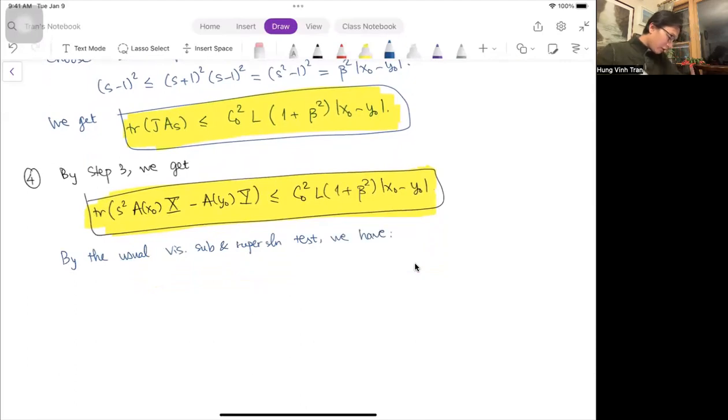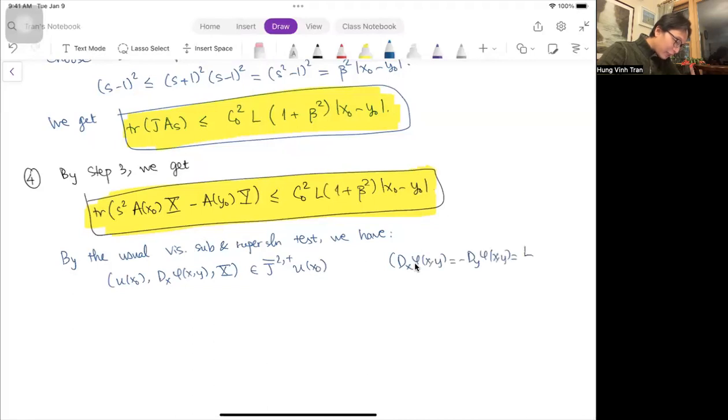Okay, maybe I can recall it for you because it has been a long time ago, previously when I wrote it down, right? The first thing I wrote down was u x naught, Dx phi of x y, x is in the super jet of u at x naught, right? And we can even write down what is Dx of phi of x y, right? Dx phi of x y equals minus Dy phi of x y, which is L times (x naught minus y naught) over its length.